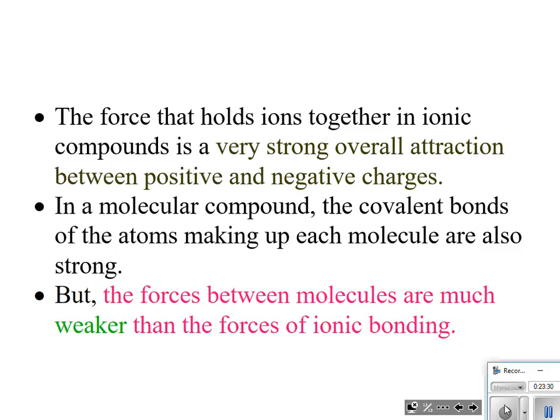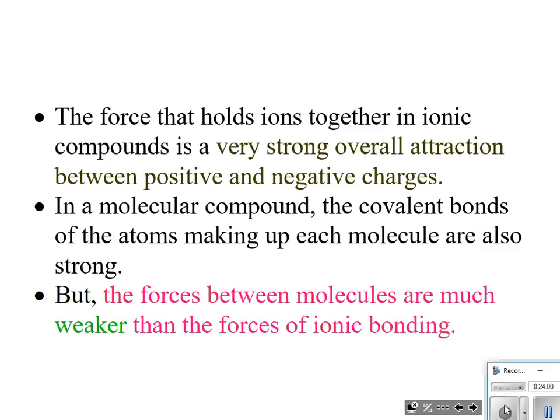Now, covalent bonds. Okay? Covalent bonds also have a strong attraction. However, the attraction, the forces between the molecules in covalent bonding are much weaker than the forces between the atoms in ionic bonding.